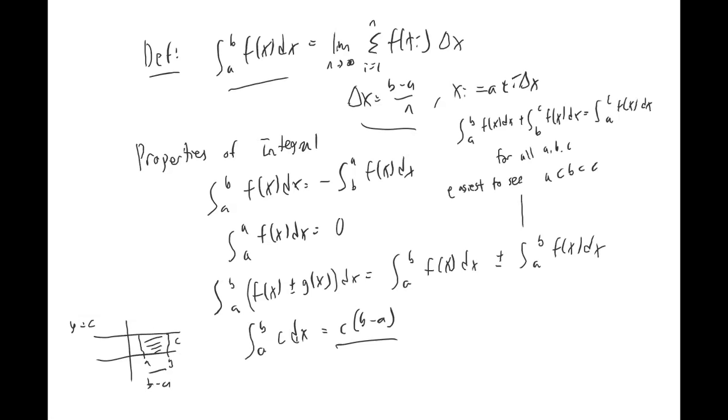If f is like this, and here is a, here is b, here is c, what is the integral from a to b? It's the area here. And the integral from b to c is the area here. So they're saying the area from a to b plus the area from b to c is the area from a to c. Hopefully that's intuitive.